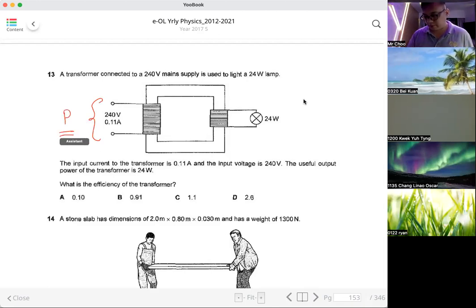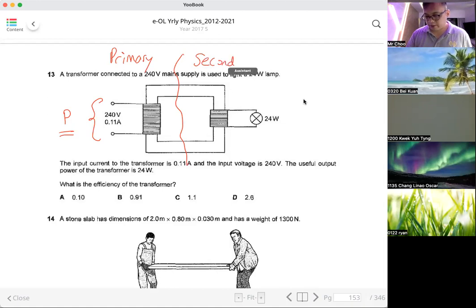The part on the left is called the primary. The part on the right is the secondary. So this is your primary circuit. Can all of you now calculate the power of the primary circuit? What is the power of the primary circuit? Type out the answer.